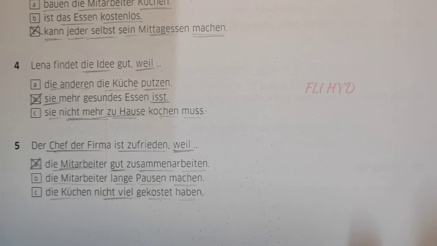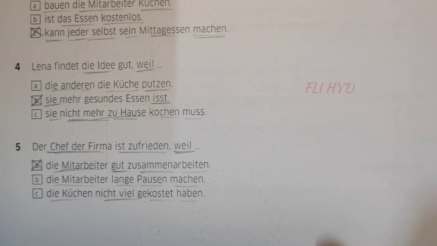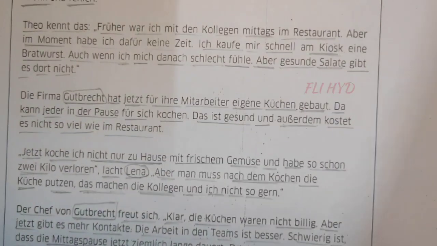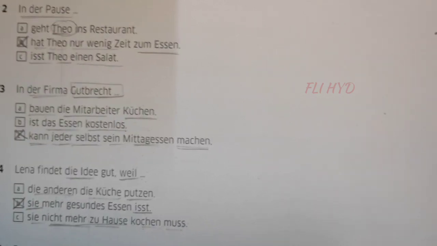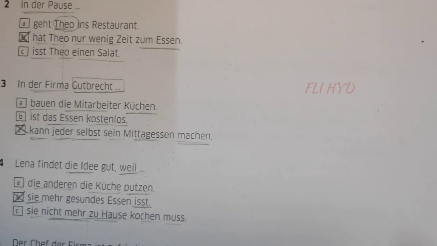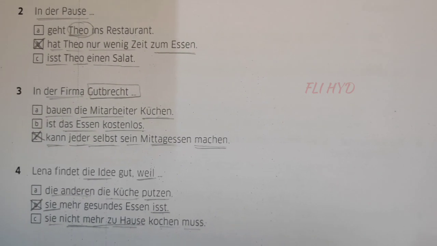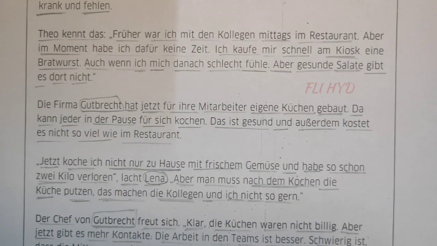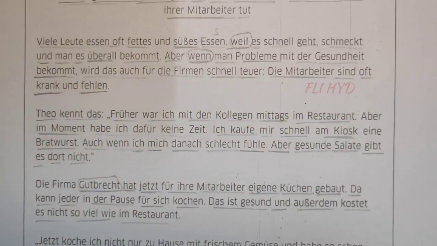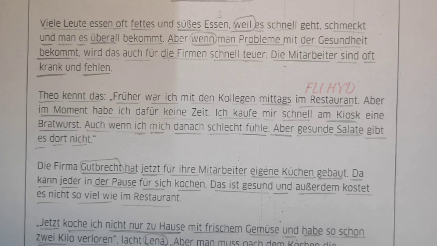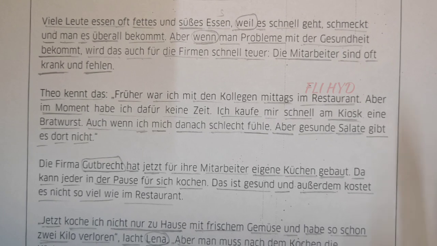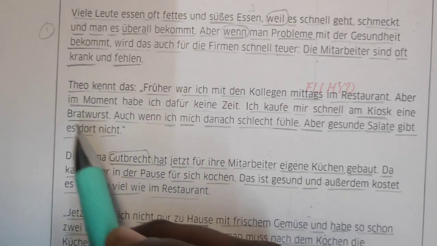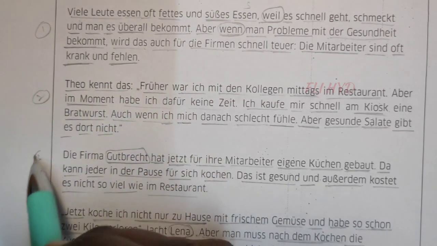Clear? So whenever we have such a text followed by questions, first read the questions, then read the paragraph, and while you are reading the paragraph you have to know for which question you are looking for the answer. Here if you observe this text, for all the 5 answers there are 5 paragraphs. So the first paragraph we get the first answer, then the second, third and fourth.